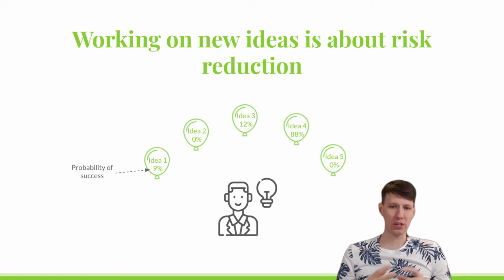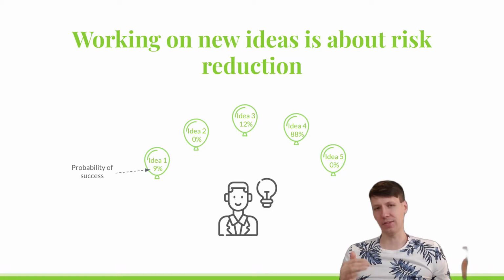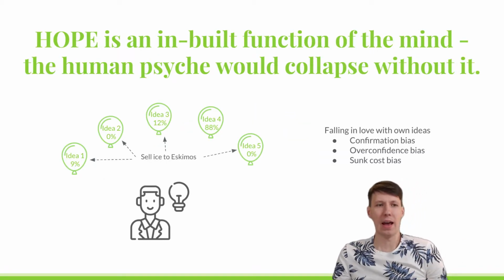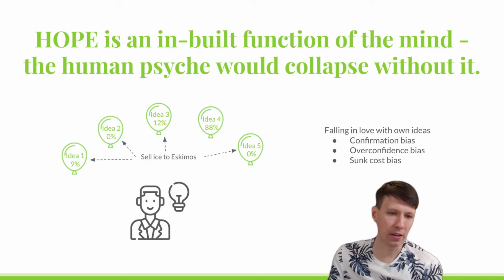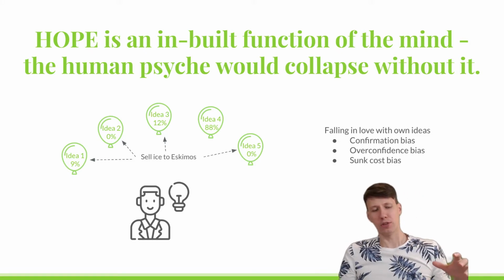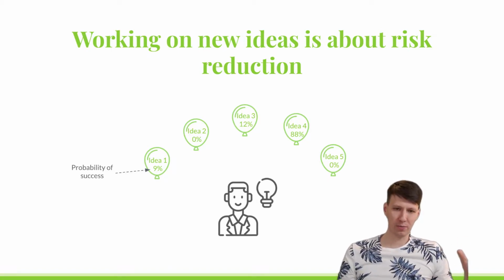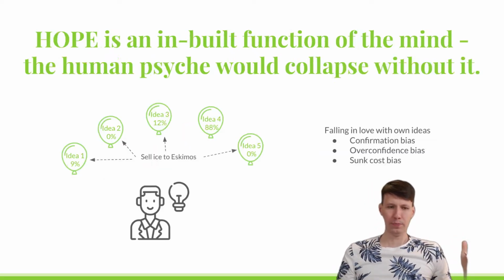So of course most of the ideas our brains are generating are not very good business ideas, so the probability of success is very low. If we check these 5 balloons here, there's the percentage, the probability of success. It's the number 4th that has a little bit higher. All others are super low.